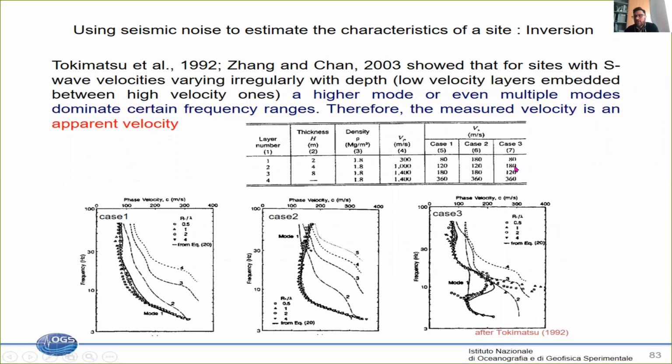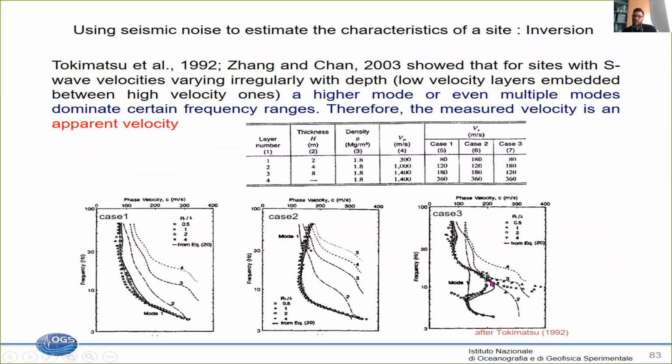The same you have here. You see, you have quite significant inversion of velocity. You have a first layer with 80 meters per second, for example, an increase of velocity to 180, and then a decrease to 120, a sort of sandwich, because then the velocity is again increasing to 360. In this case, you have quite strong modes.